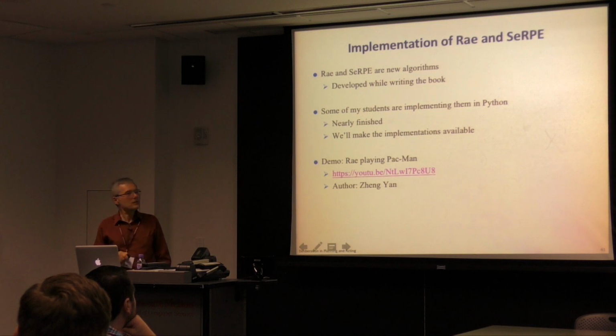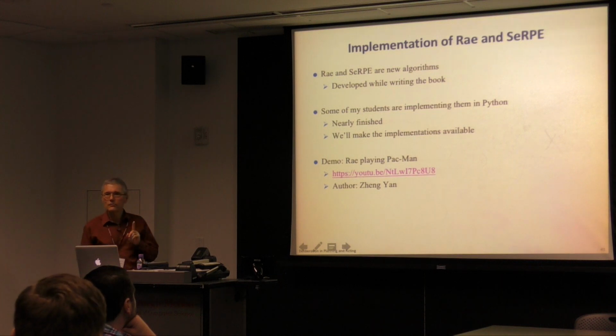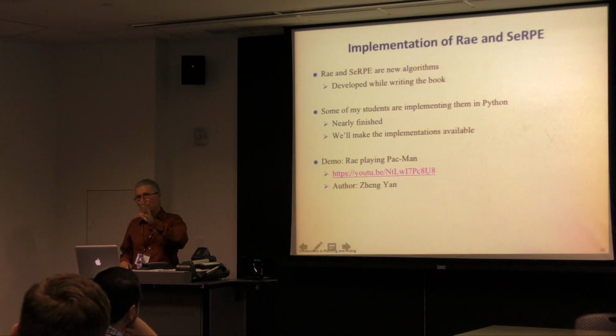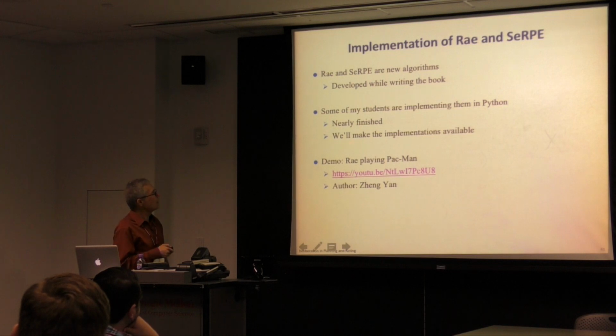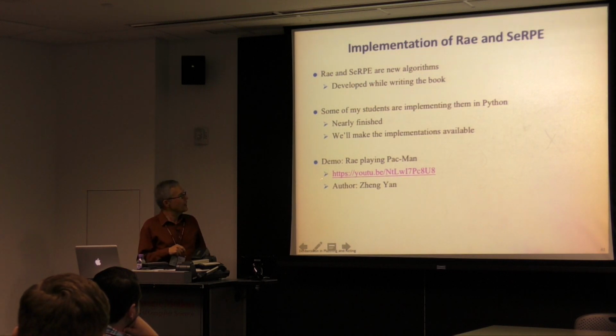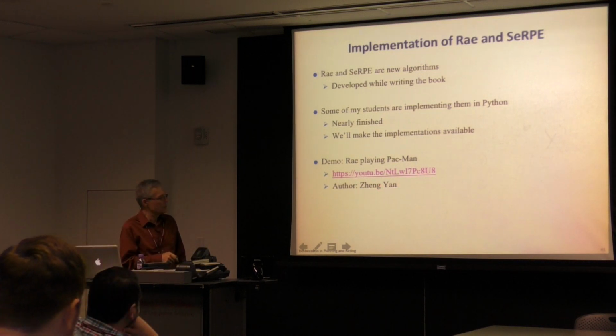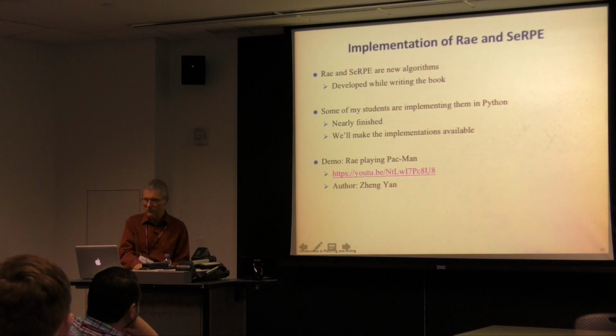They're nearly finished, and we hope to make the implementations available so that people can experiment with them once they're done. But I do have a demo that they did with their current somewhat buggy version of the Ray algorithm playing the game Pac-Man. And if you want to look at it yourself, here's the URL for it. The student who did this is named Zheng Yan, and I wanted to give him credit for it.